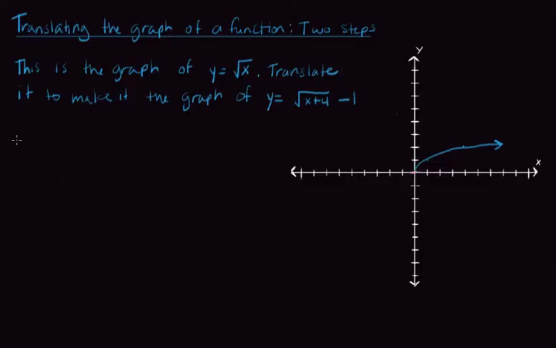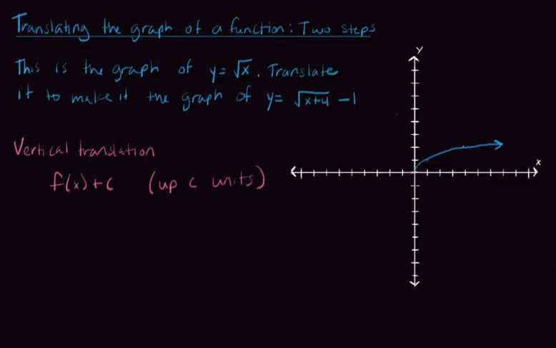Okay, so let's remember that a vertical translation is f of x plus c, and this makes us go up c units, right?